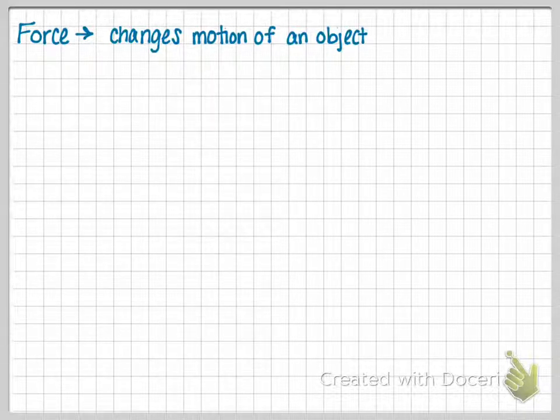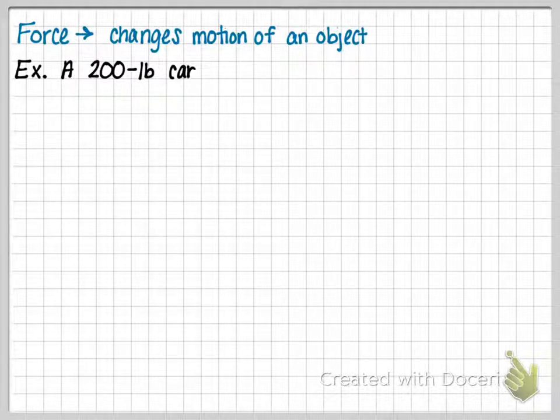So I think the best thing to do is to jump straight in with an example, so that way it might be a little bit easier to see. So here we go. A 200-pound cart sits on a ramp inclined at 30 degrees.